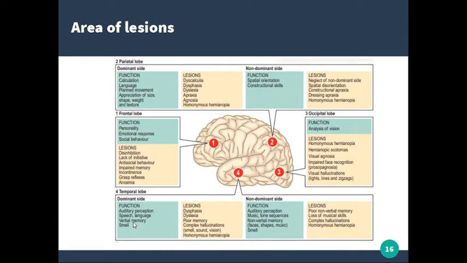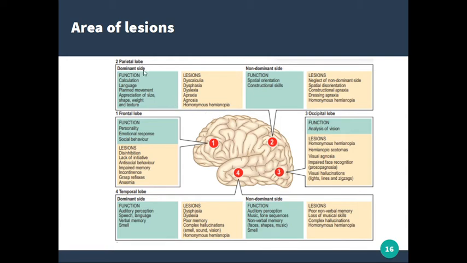So, areas of lesion. When we talk about which areas the lesion is in, we can exclude or include certain aspects of the brain depending on the area of the lesion. For example, the symptoms in the parietal dominant side are going to give us dyscalculia, dysphasia, dyslexia, apraxia, or agnosia, and importantly, homonymous hemianopia.